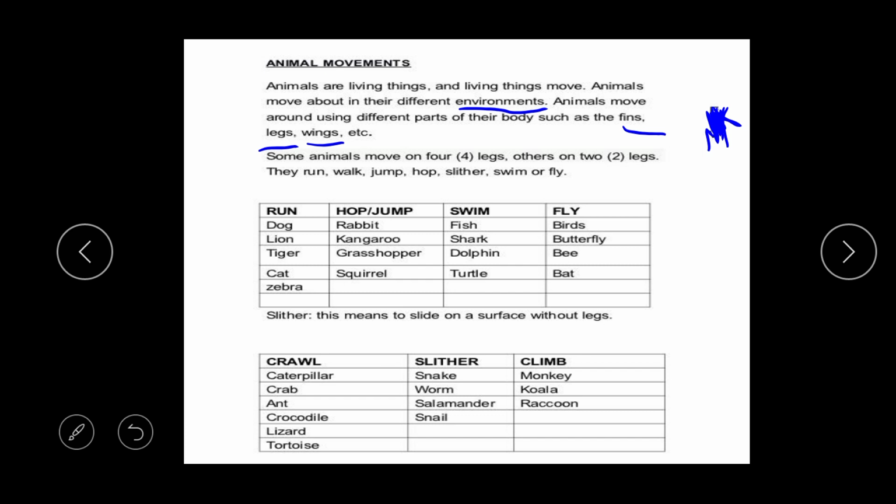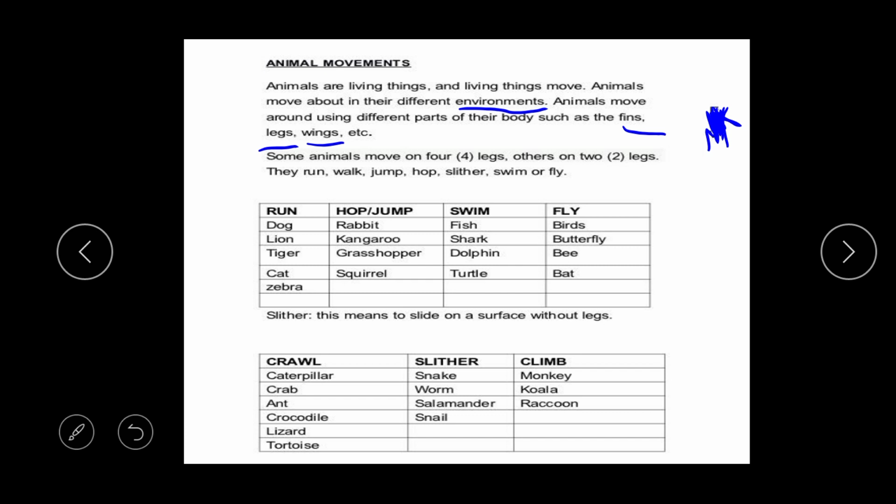Some animals move on four legs, others on two legs. Animals can run, they can walk, they can jump, they can hop, they can slither, they can swim, or they can fly.